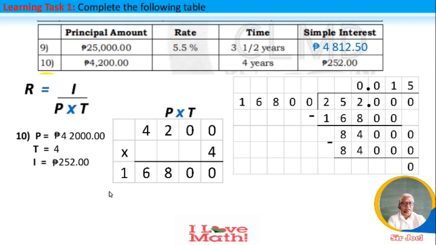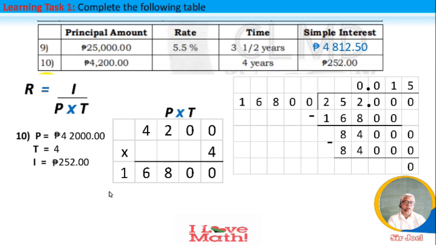And 1 times 16,800 is 16,800. Then subtract: 25,200 minus 16,800 is 8,400. Bring down 0. We now have 84,000 divided by 16,800. The quotient is 5. And 5 times 16,800 is 84,000. And 84,000 minus itself, the difference is 0.